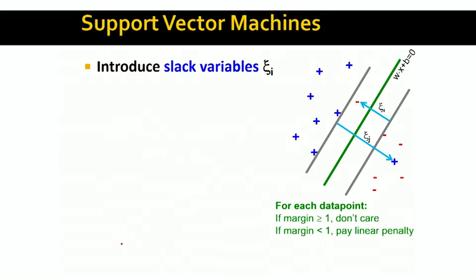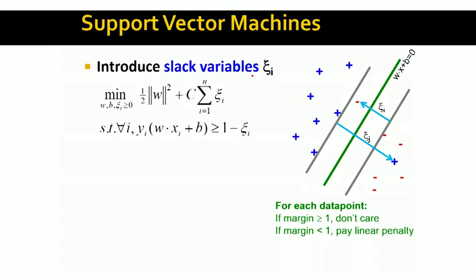We introduce this notion of slack variables. The way we think of slack variables is as these additional constraints or additional penalties that we get for misclassifying a data point. So the idea is that we have our separating plane, and then the value of the slack variable, or the value of the penalty, will simply be the distance from the other side of the margin to the data point itself.